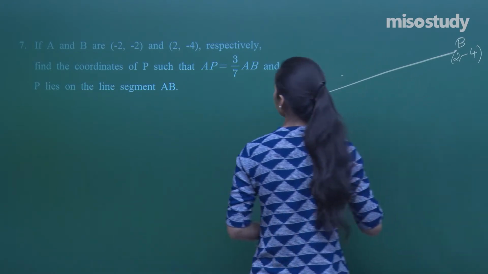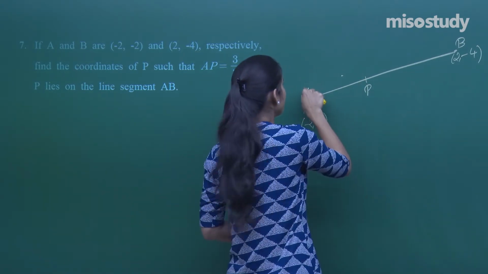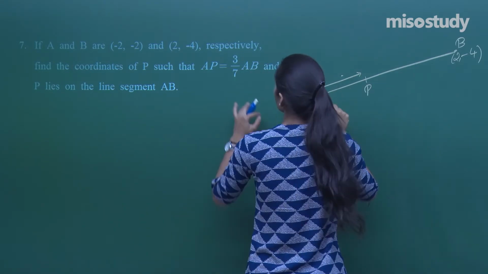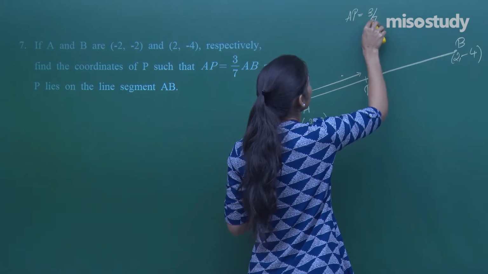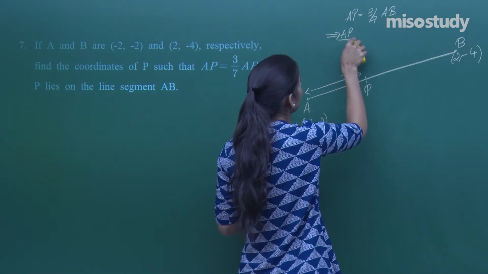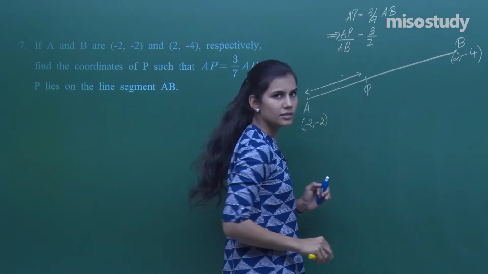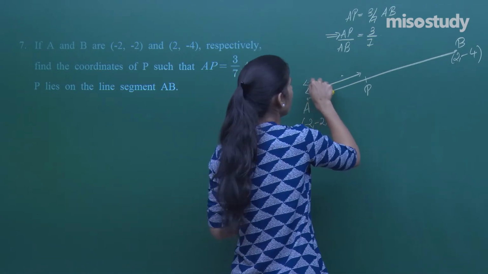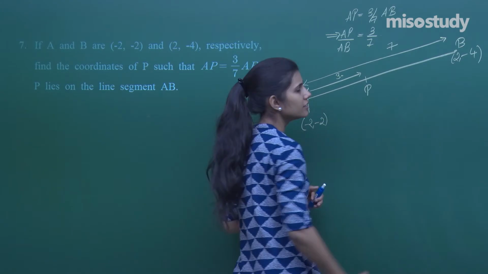It is given that P is lying on the line segment AB such that AP is 3 by 7 of AB. Now please understand, if AP is 3 by 7 of AB, this means AP upon AB is 3 by 7.